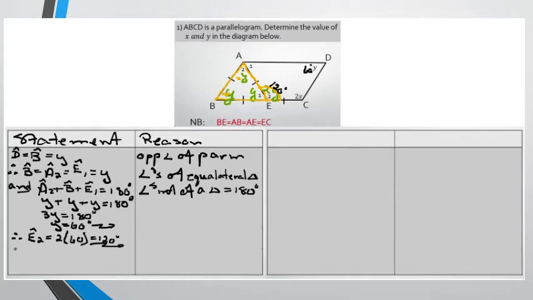Which quadrilateral would I like to refer to? I would like to refer to quadrilateral AECD. Let me highlight it. It is this one here.